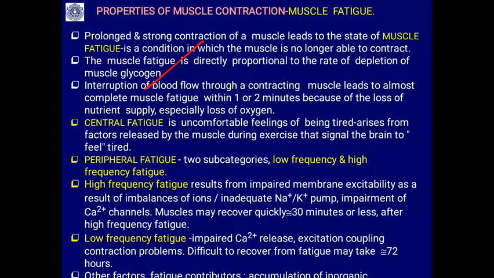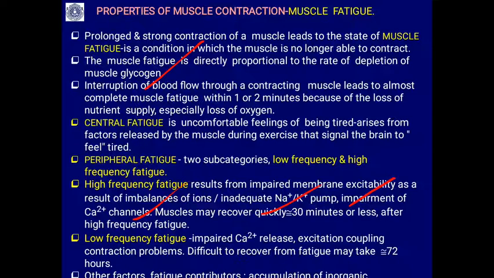High frequency fatigue results from impaired membrane excitability and inadequate sodium potassium pump and calcium channel function, and the muscle may recover after 30 minutes or less. This is called high frequency fatigue.